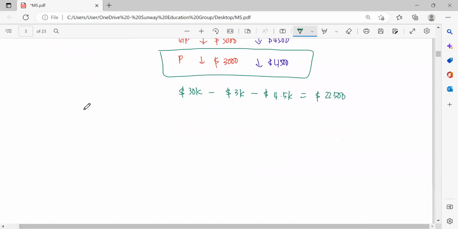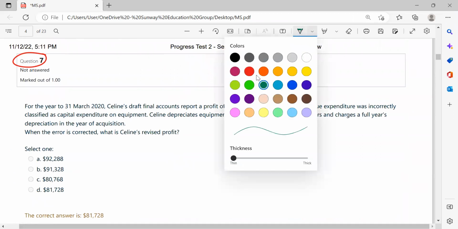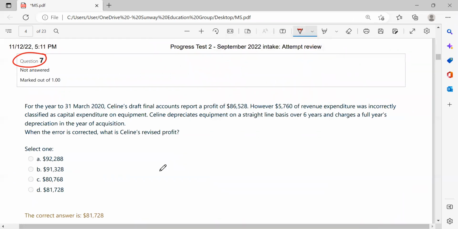Now moving on. Question 7. For the year to 31st March, Celine's draft final account reported a profit of 86,528. However, 5,760 of revenue expenditure was incorrectly classified as capital expenditure on equipment.